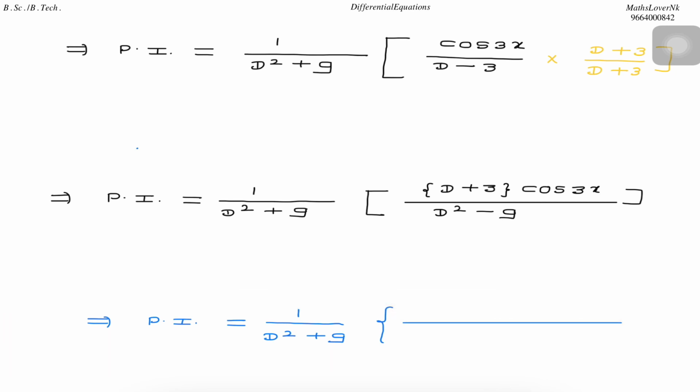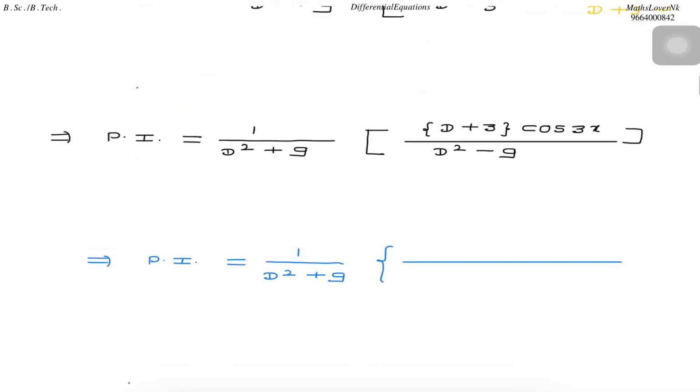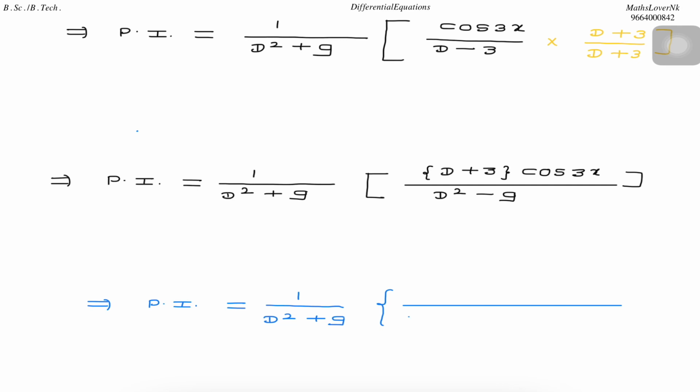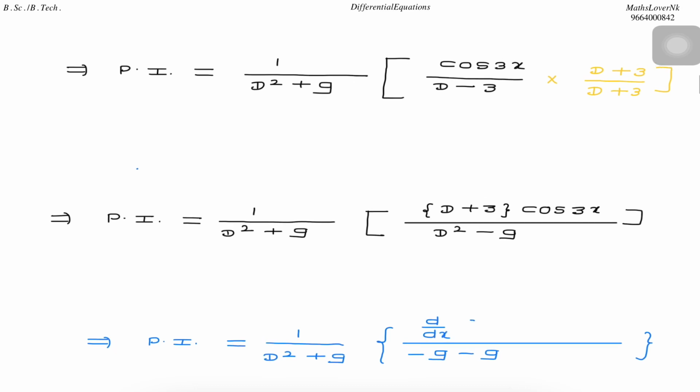Here d square stands for minus 3 square, that is minus 9, and the numerator becomes d, which stands for d by dx, differentiation of the function with respect to x, into cos 3x plus 3 cos 3x.